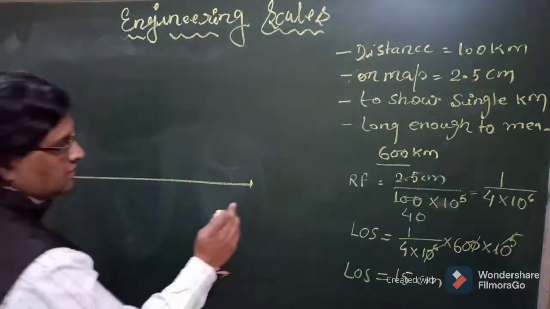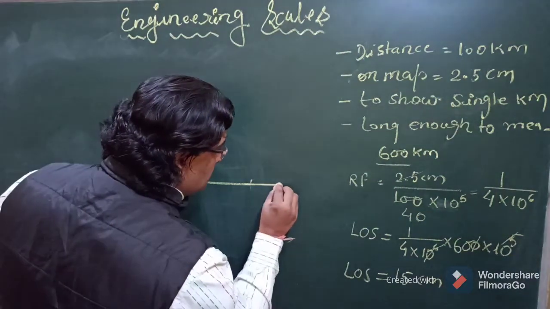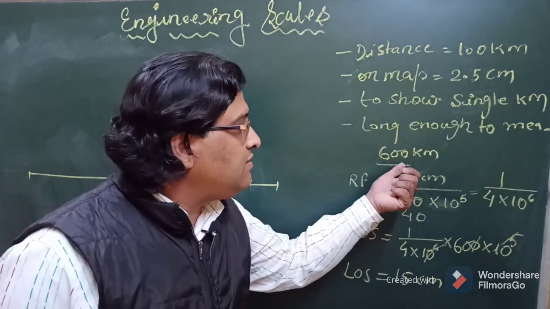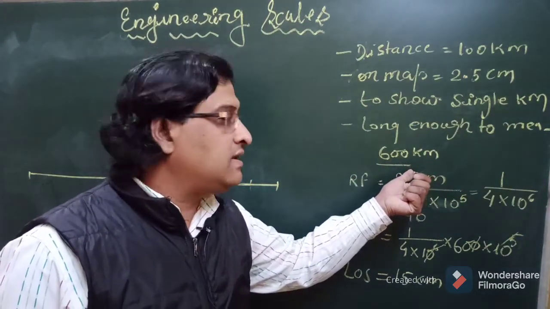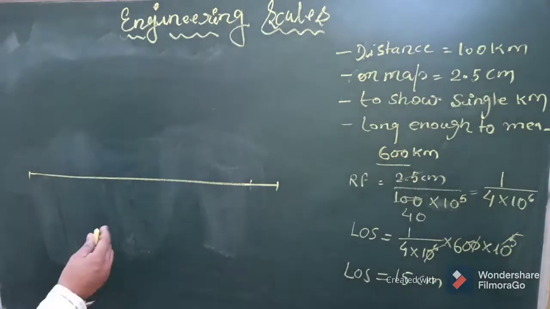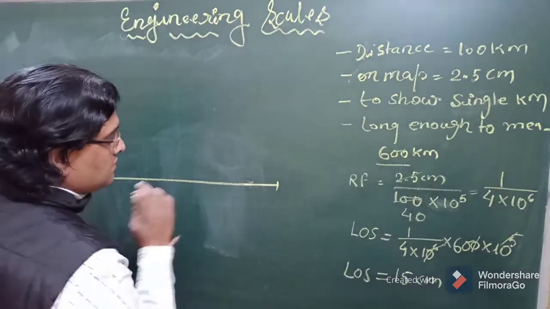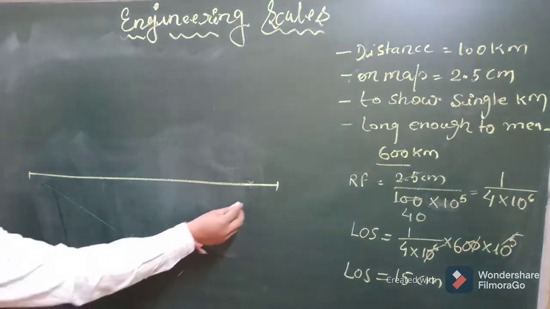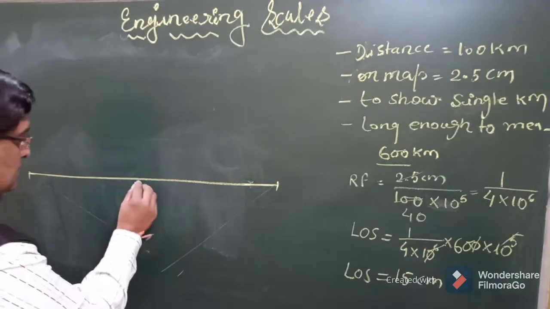Now divide this line as per the main divisions. That is, 600 is here, so we can divide this line into 6 equal divisions. Each division will represent 100 kilometers. So using the divisional method, divide this line into 6 divisions.